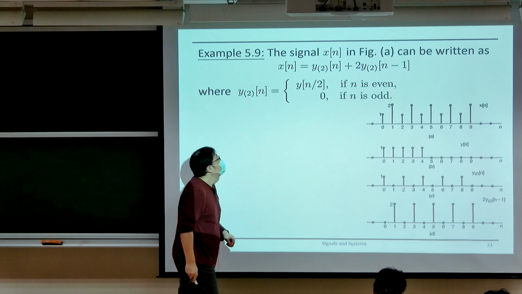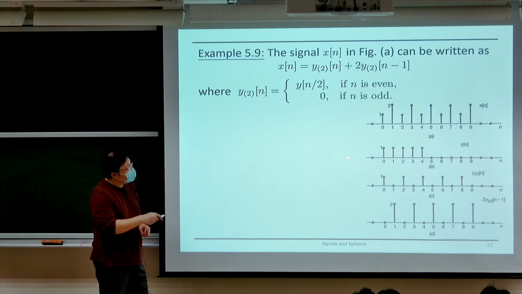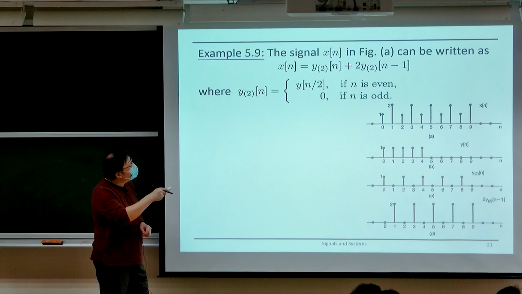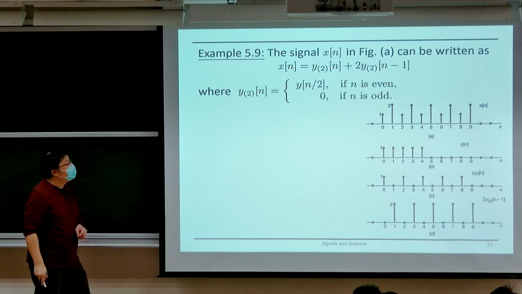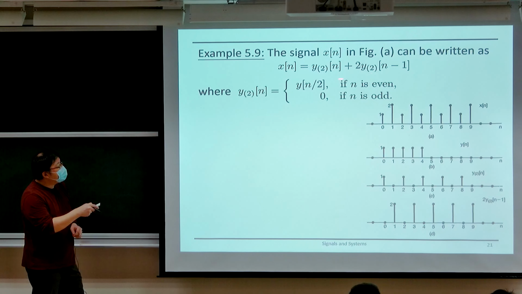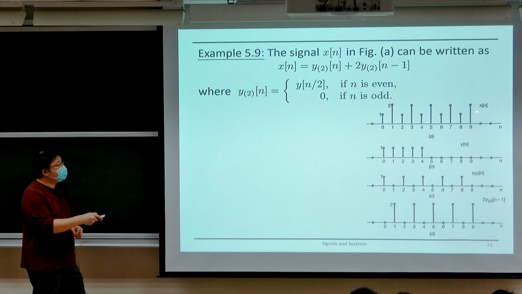So if you have a signal y[n] that looks like this, then your signal x[n] can be written as y[n] stretched by 2 plus 2 times the stretched signal time shifted by 1. By identifying this fact, we can easily obtain the spectrum of x from the spectrum of y.